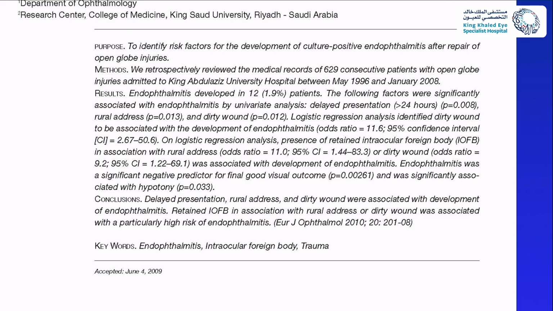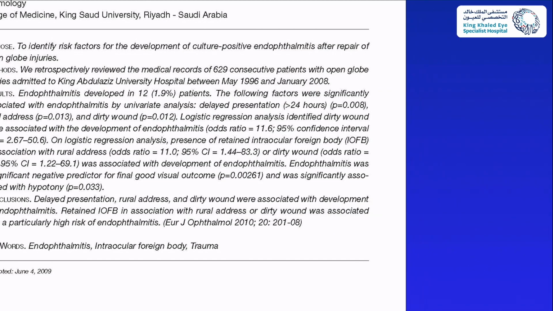So all these patients received intravenous prophylactic antibiotics. This is our protocol at King Abdulaziz University Hospital. Any patient with open globe injury is treated with intravenous antibiotics, vancomycin and ceftazidime. And so our incidence here was 1.9%, which is much lower than others.